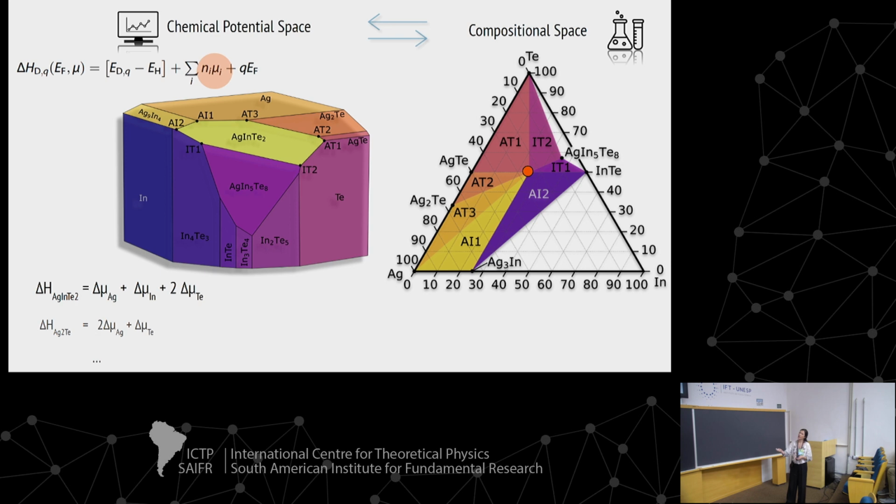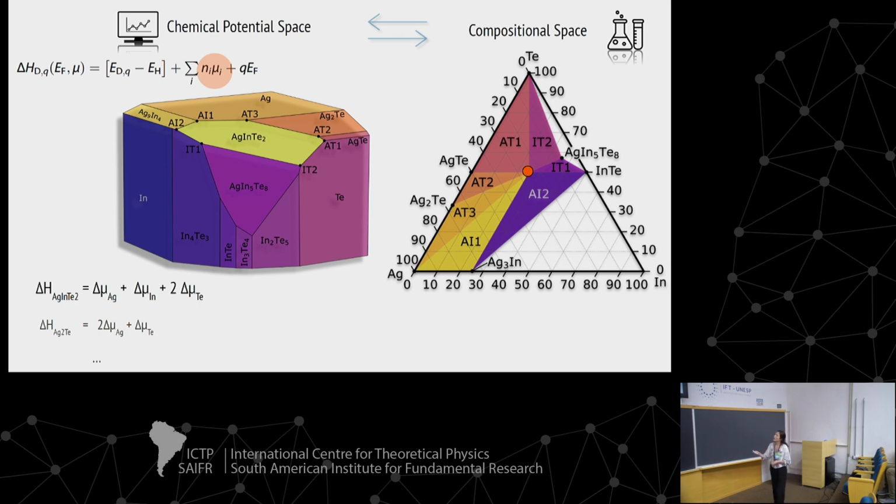expression. And then we can identify here in the chemical potential space the region of stability of our material of interest. Silver indium ditelluride is then stable in this region here. And then we can identify the boundaries of stability of this material. And then we can connect directly with the compositional space.